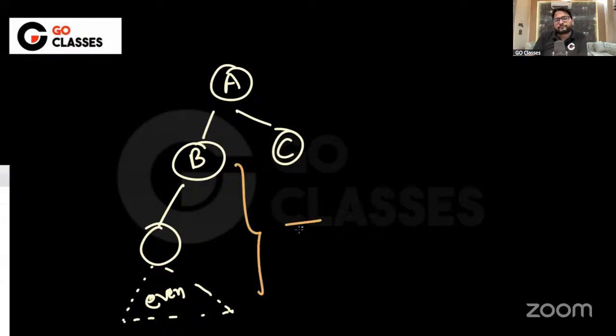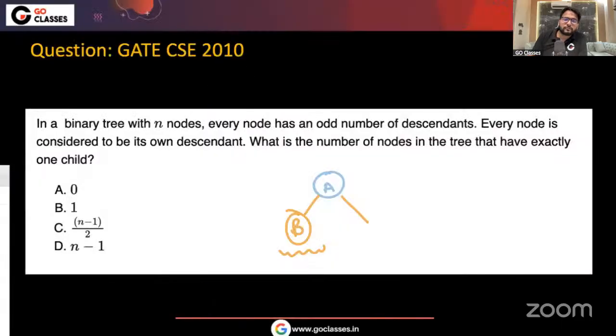Odd descendants, right? So basically you cannot have exactly one child. Either zero or you have to have two. So the number of nodes which will be having exactly one child is actually zero only. So don't worry about it.